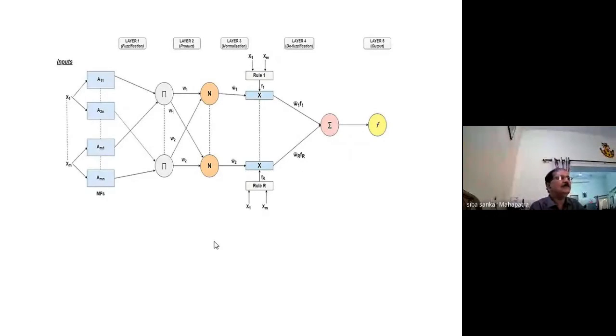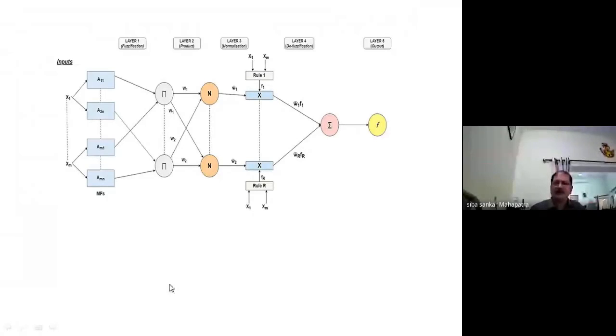ANFIS has been used by many researchers for prediction purposes. Normally, ANFIS has 5 layers: the input layer, then the fuzzifying layer, the product layer, then the normalization layer, and finally defuzzification and the output. So there are 5 layers, and different mathematical equations are used in different layers.